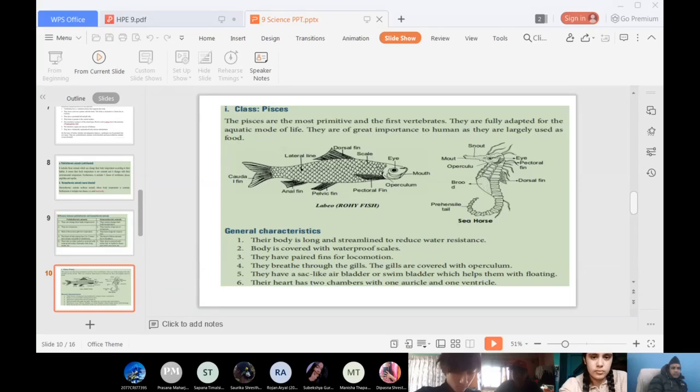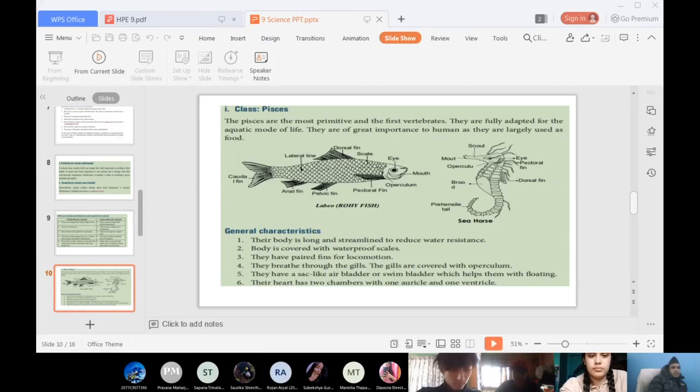So we have mentioned two characteristics. Let's do two more. How do they move from one place to another? They move with the help of fins.